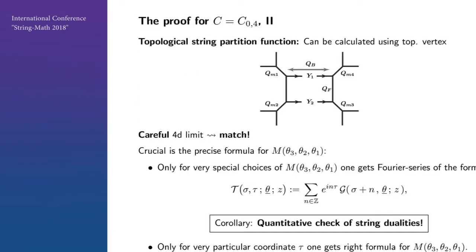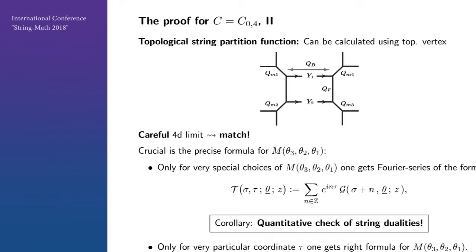On the other side of the story, we can use, for this case, of course, the topological vertex. That gives a standard well-known algorithm. I don't think I have to tell you much about how to apply it. So there's a toric diagram for this particular toric Calabi-Yau. One, in the end of the day, has to take a scaling limit. But otherwise, there is the topological vertex associated to each of these vertices here.